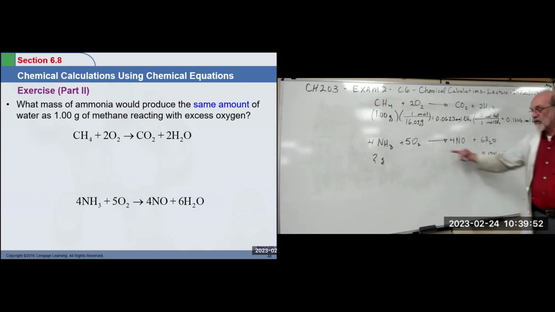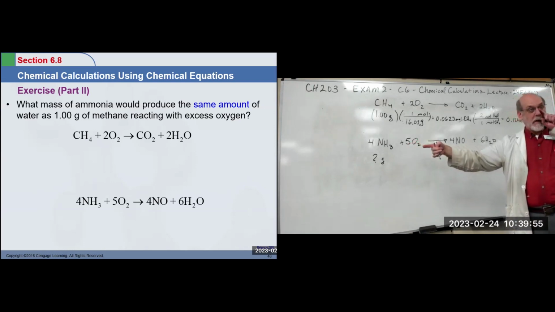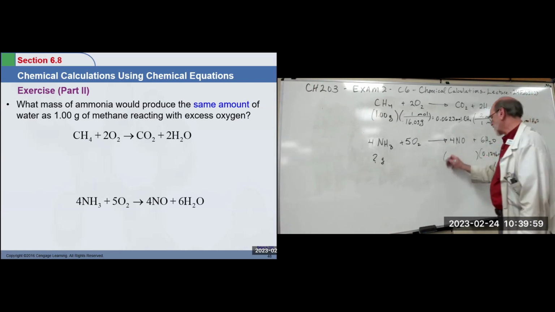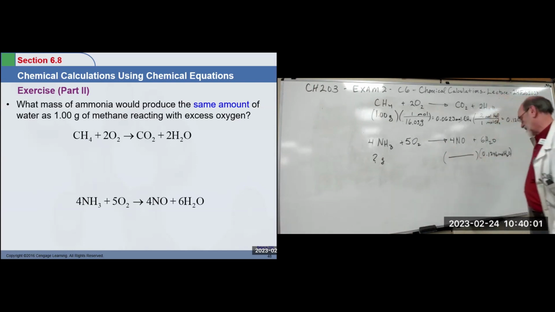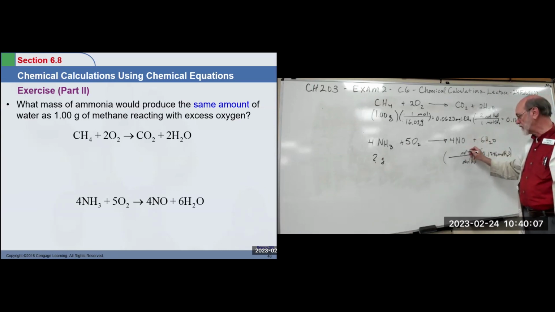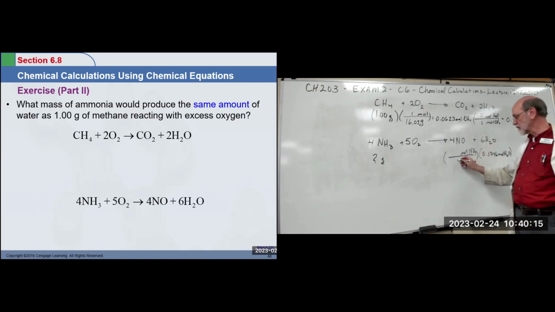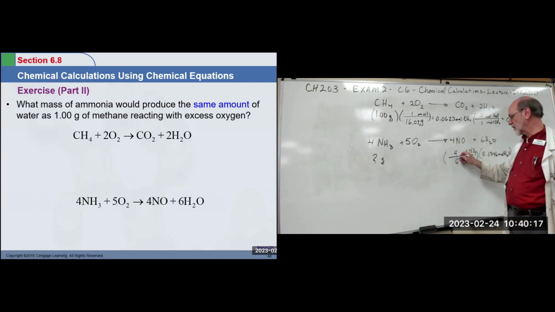But we want to work backwards now. Right? So I'm going to do my conversion factors backwards. We want moles of water, and now we want moles of ammonia. How many moles of ammonia would produce that many moles of water? What's the ratio? 6 water and 4 ammonia.